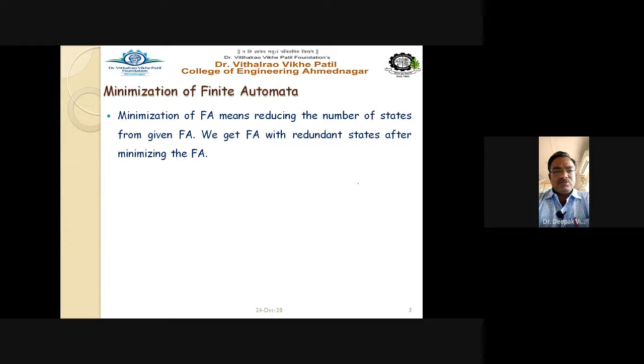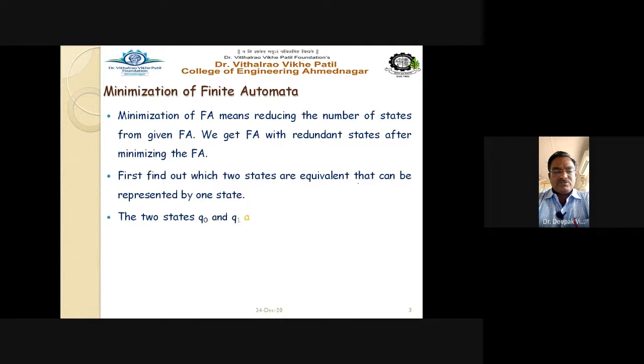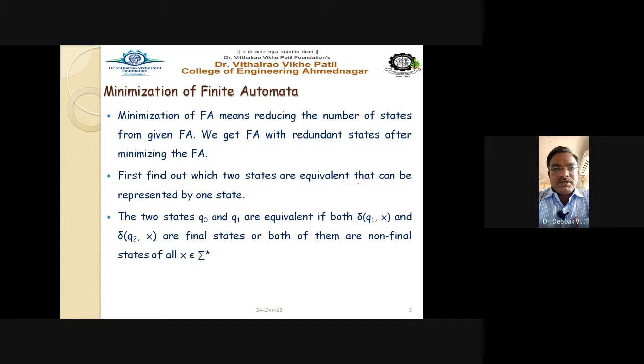So it is necessary to minimize the automata to a fewer number of states. In simple language, if initially the automata has 7 or 8 states, then these 7 or 8 states can be compressed or reduced to 3 to 4 states, right? But minimization must have a certain mechanism, certain steps.